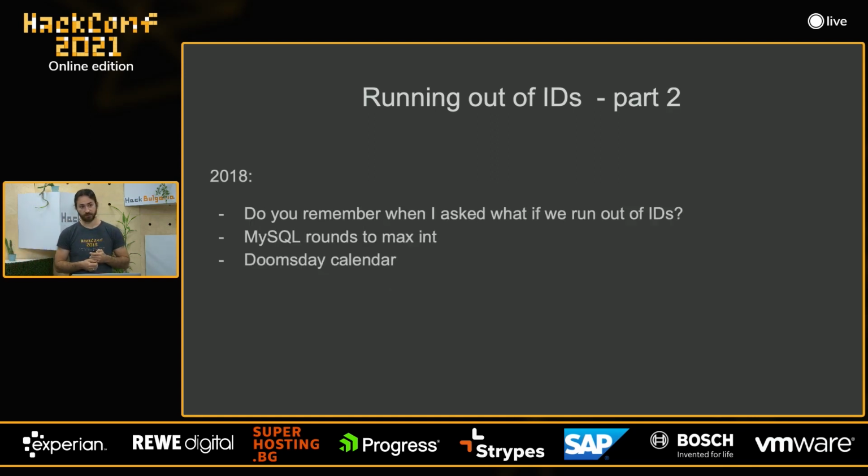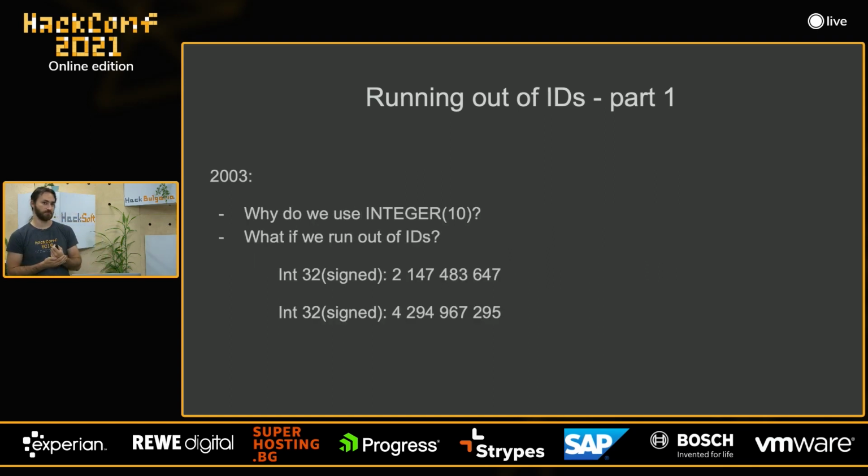And they all laughed. They all laughed at me and said, oh, you never run out of IDs. If you have signed, you have 2 billion IDs. If you have unsigned, you have, no, never mind. Anyway, you never run out of IDs.